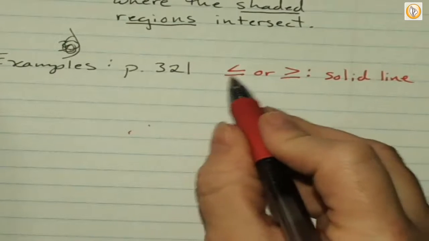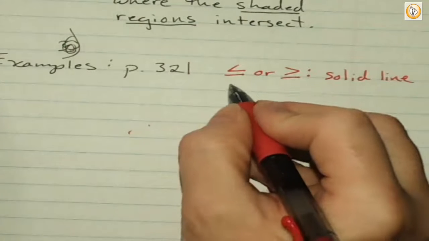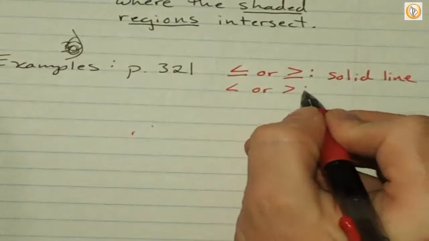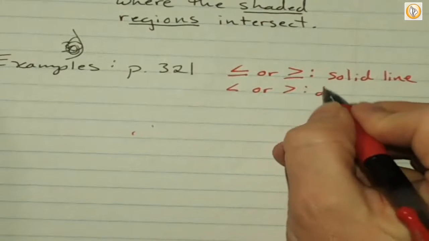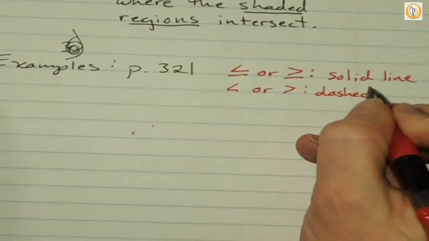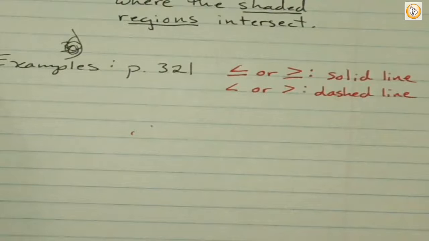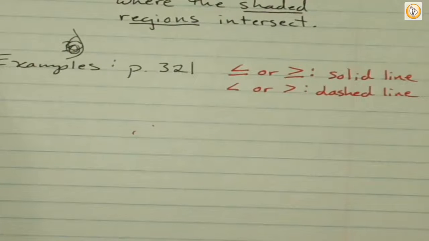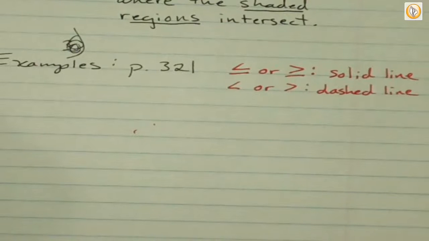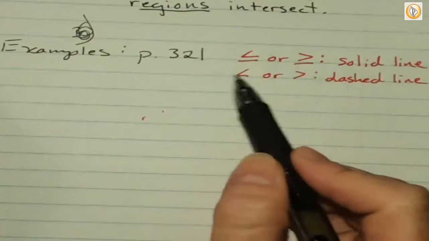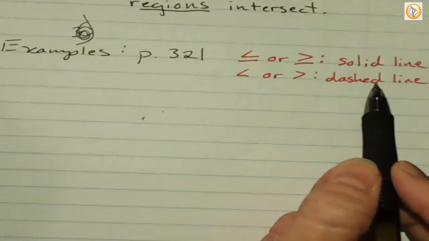You can always remember that because of the line down here. Now, if I have just a regular less than or greater than, that's going to be your dashed line. Hopefully some of you are like, oh yeah, I remember doing this last year. Okay, I'm sorry, you're right, 2021. So whenever you have this, it's a solid line. This is a dashed line.